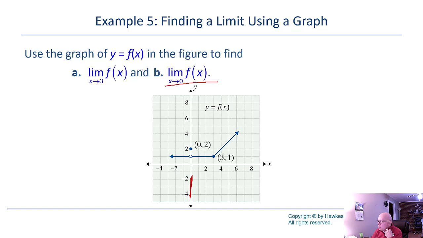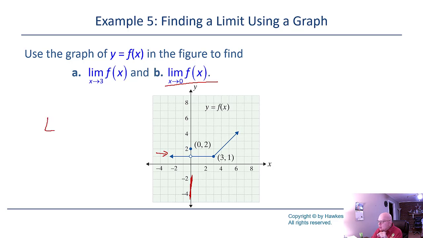So, first of all, coming from the left, when I get close to where x equals 0, the y value is always a 1. So from the left, the limit is the 1. Remember, we don't actually get there.